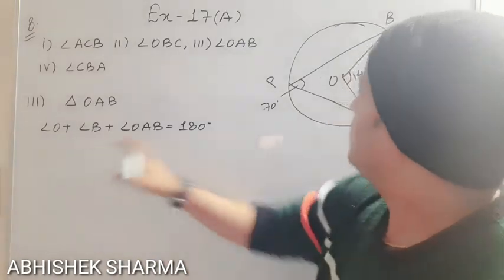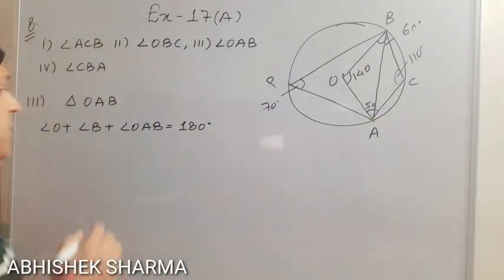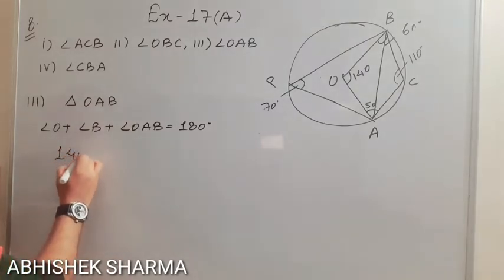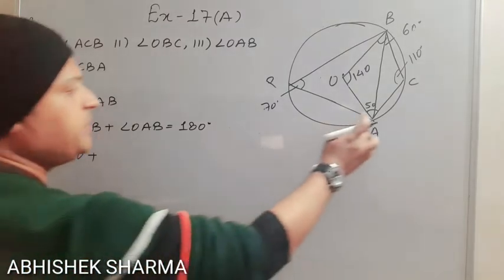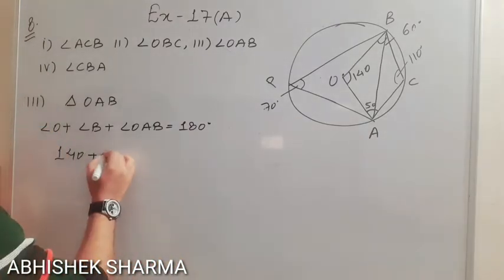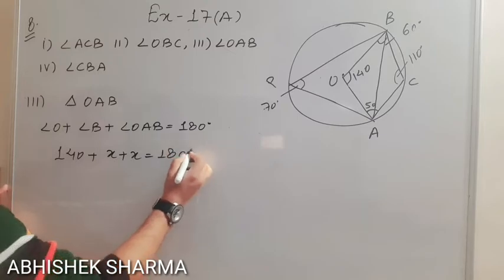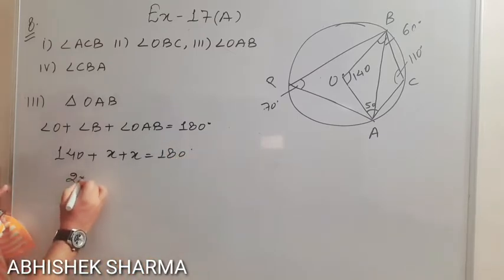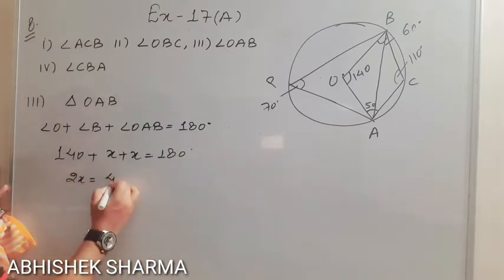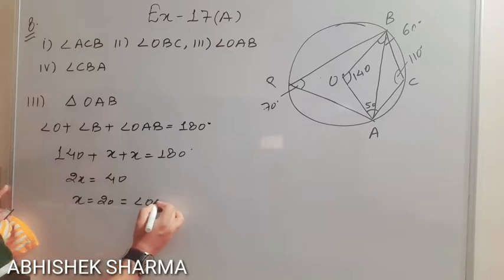So angle O, what is the angle O given here? Clearly it is 140. Angle B and angle A are both equal. Let us say it is x plus x is equal to 180, or 2x is equal to 40 and x is equal to 20, which is angle OAB.